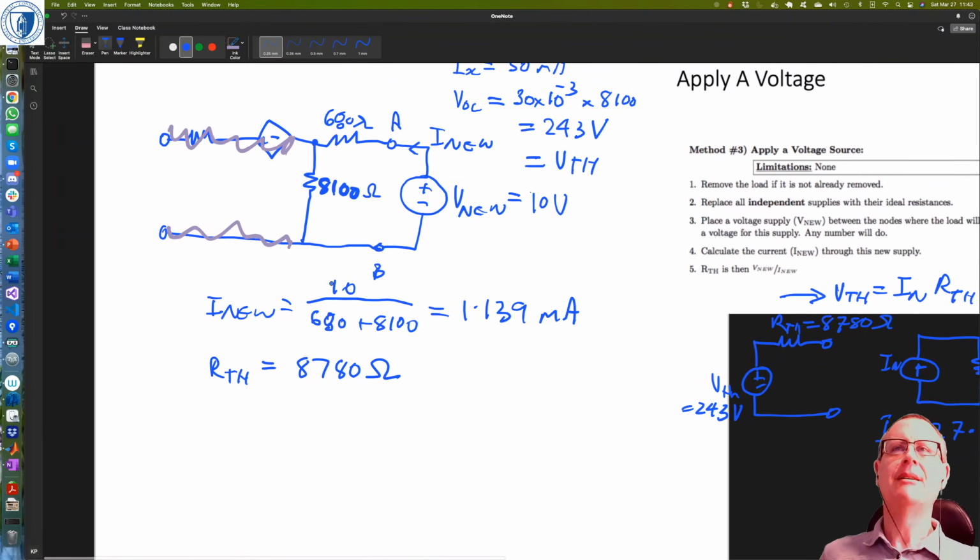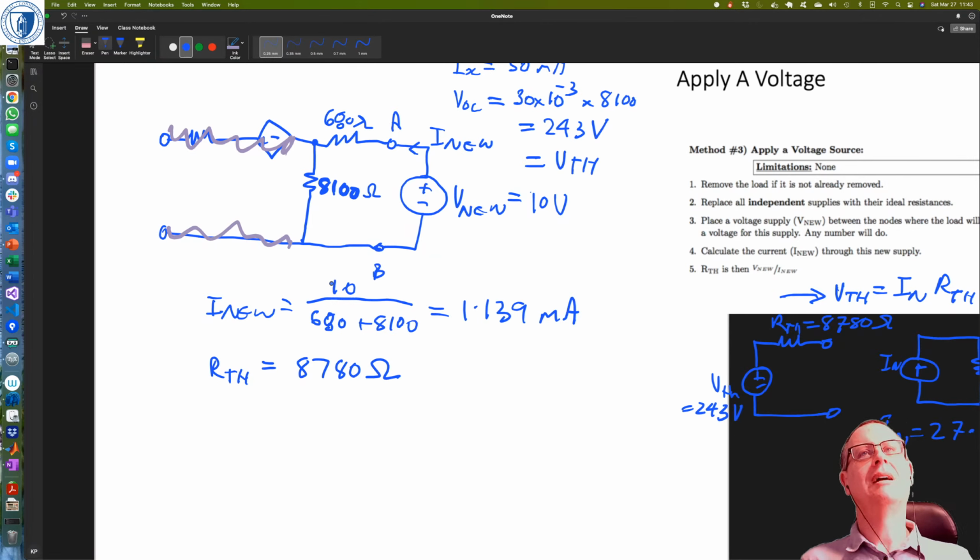So for this particular question, it's a little simplistic because that current source has been replaced by its Thevenin, its ideal equivalent, which is an open circuit. It makes the circuit we analyze very simple.